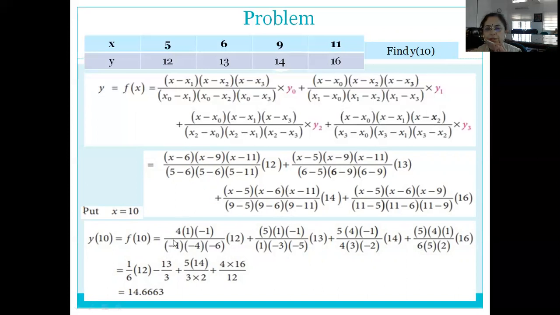Okay, so let us check. When we put x equal to 10, this becomes 10 minus 6, 4, 10 minus 9, 1, 10 minus 11, minus 1. In the denominator, here it is corrected.